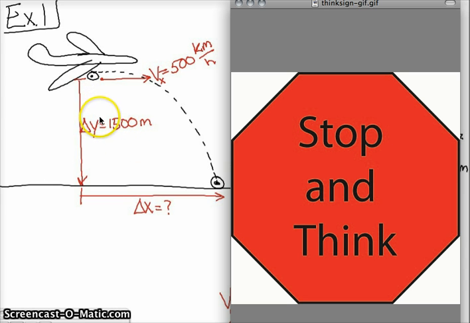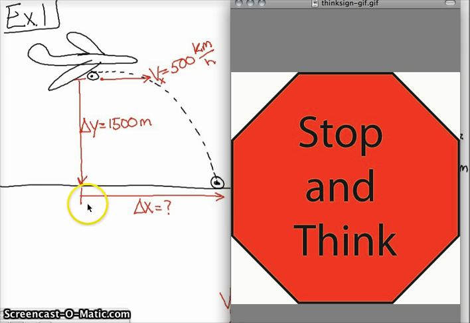Now, often people want to draw the delta y from the ground level up. But what you've got to remember here is our displacement is always labeled from the point it starts and points in the direction to where it ends up. So since the wheel starts here and it ends down here on the ground, our displacement has to be from the top to the bottom. So you want to be careful here. This is one of those common mistakes people make.